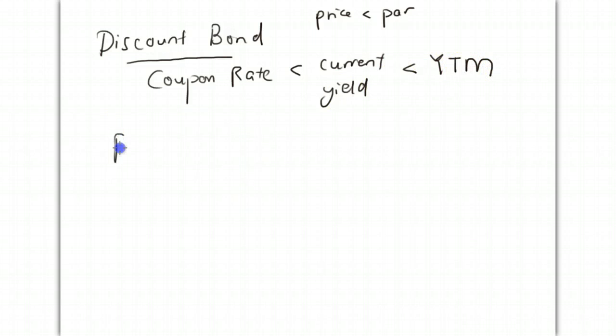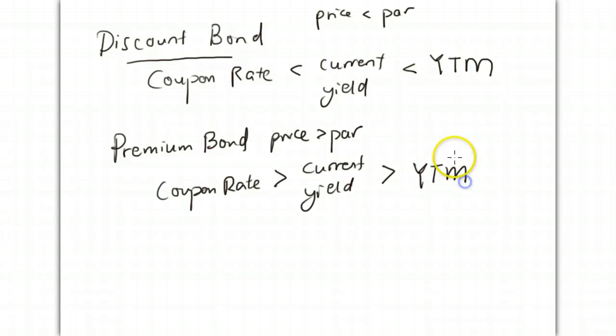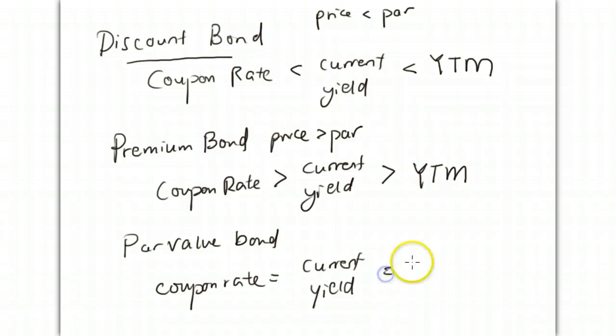For a premium bond, where you pay a higher price than the par value, the coupon rate is more than the current yield, and the current yield is more than the yield to maturity. And for a par value bond, the coupon rate is equal to the current yield and equal to the yield to maturity.